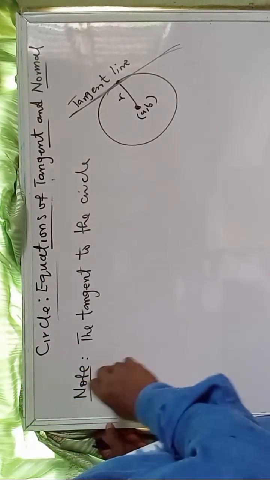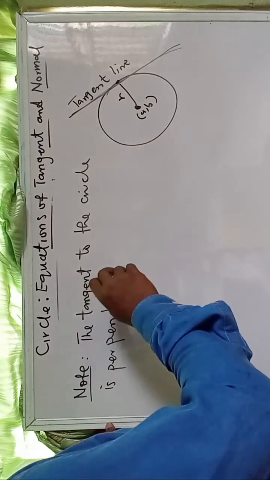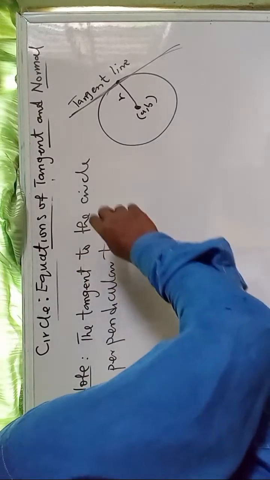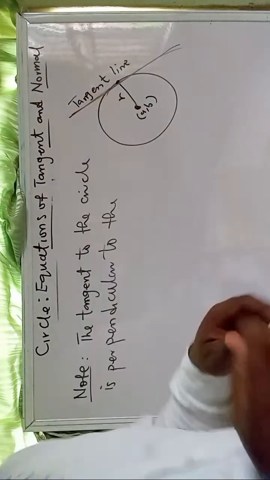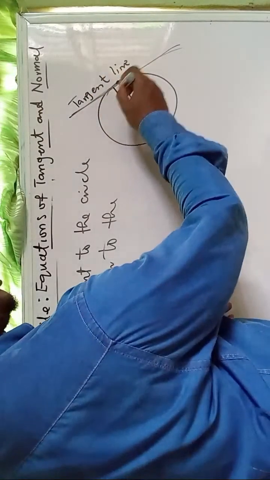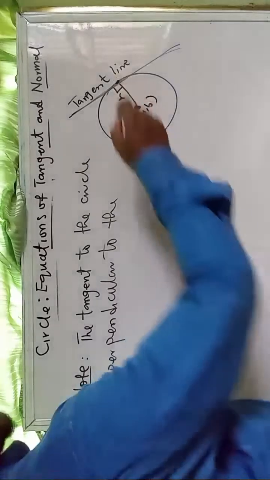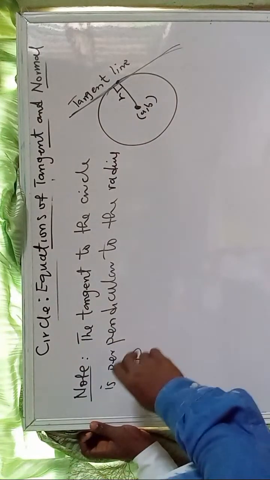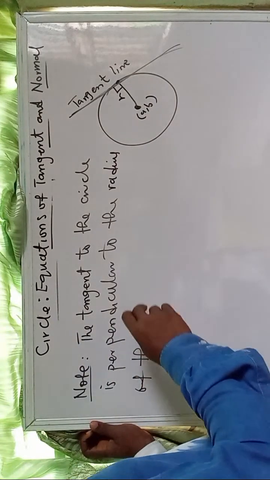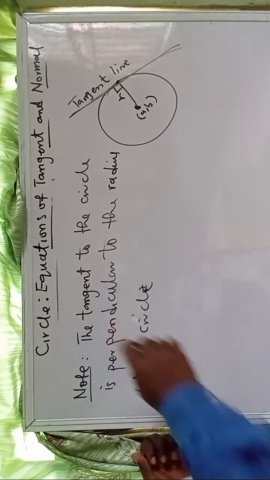So what we are saying is that the tangent to the circle is perpendicular to the radius of the circle. As you can see, this line here forms a perpendicular line to the radius of the circle.